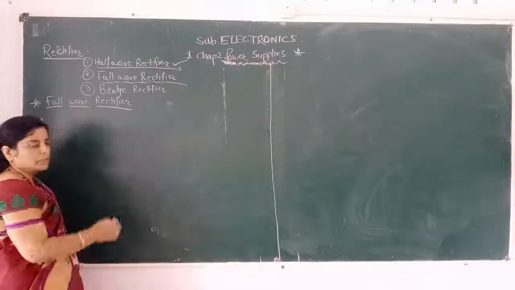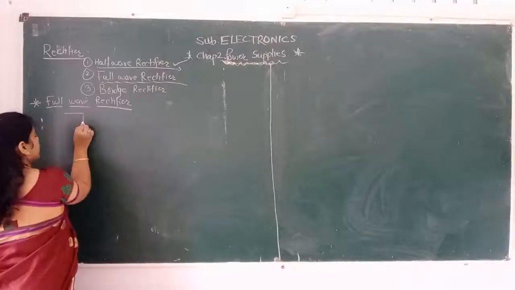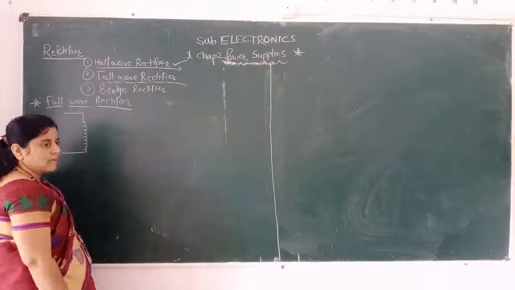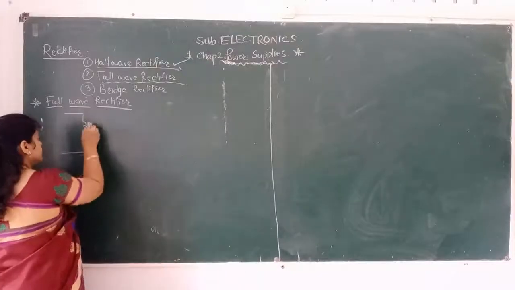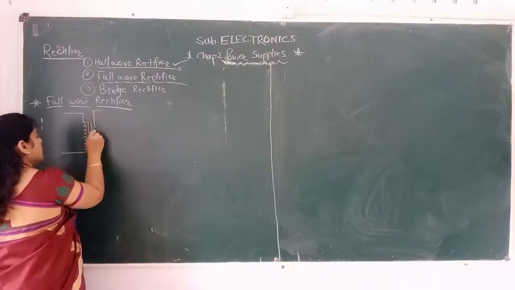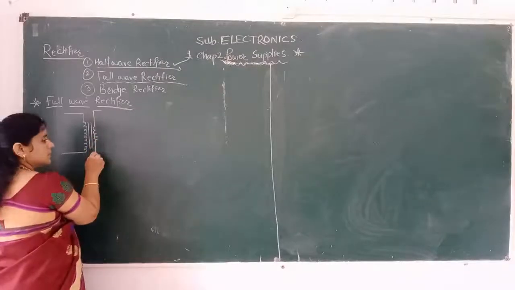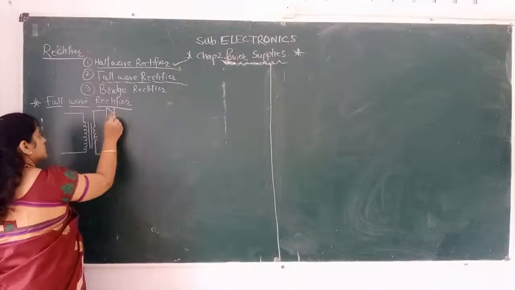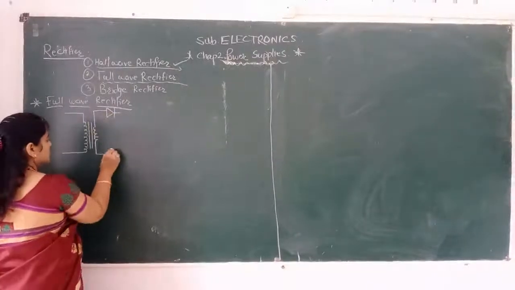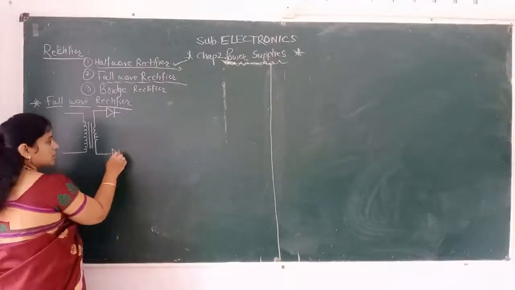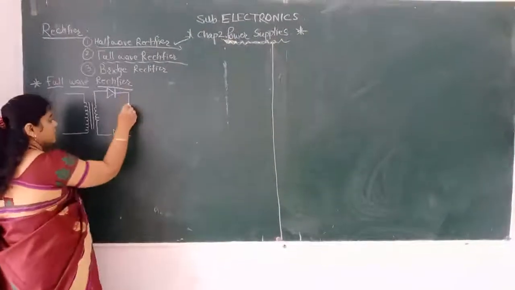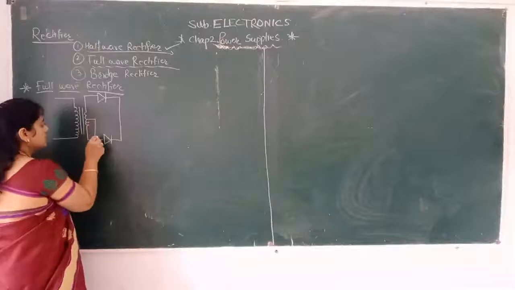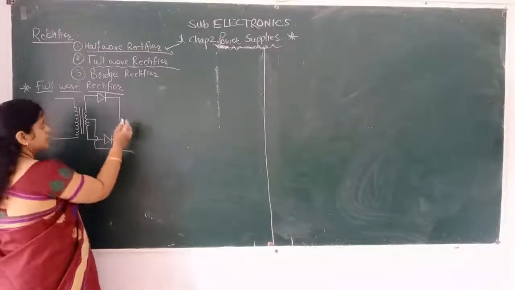So I will draw the circuit diagram for the full wave rectifier. See, this is the transformer. Which type of transformer is there? It is a step down transformer. These are diodes, two diodes are there, and this transformer is a center tap transformer.